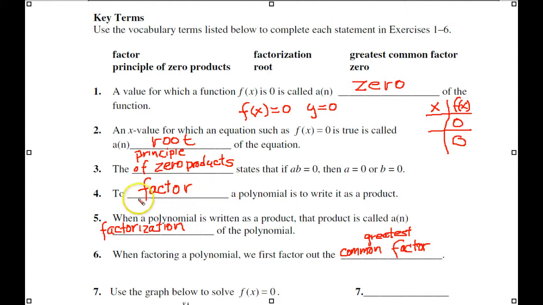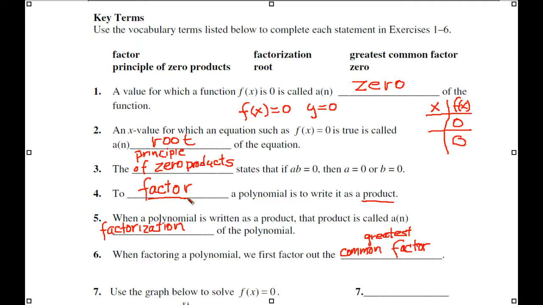To write a product, in order to sort of work backwards, if you end up with a product, what did you have leading into that? Well, you had factors.